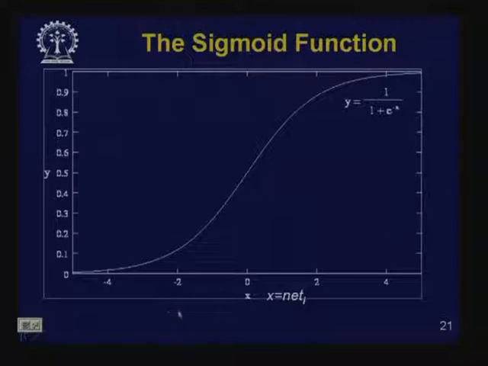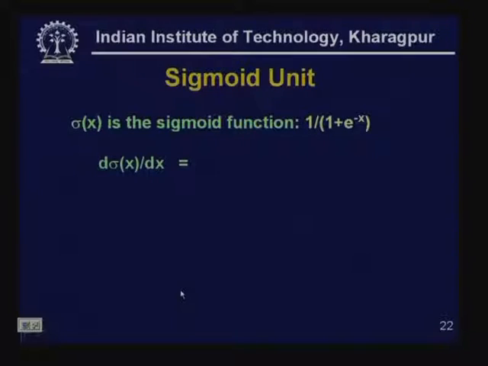So, this is a sigmoidal function again, y equal to 1 by 1 plus e to the power minus x. The sigma x is the sigmoid function, and if we differentiate sigma x with respect to x, you can do the differentiation, it is an algebraic manipulation, and you will get that d dx of sigma x is nothing but sigma x into 1 minus sigma x, which is actually quite nice.